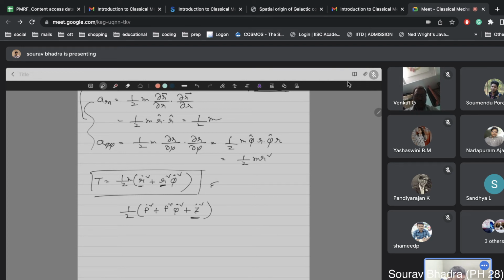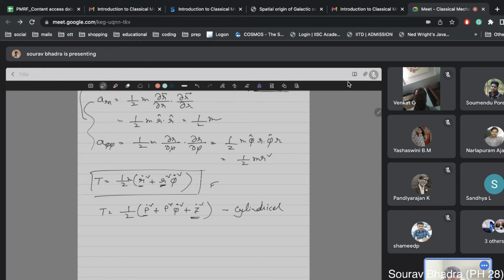Okay, for cylindrical. Because if you calculate the scale factor corresponding to the z direction, that is h3, you will get it also as 1. So that's why there is no extra term like this r or this rho. The scale factor associated with rho and z will be 1 for cylindrical coordinate.